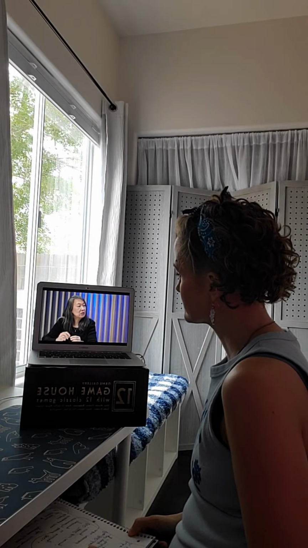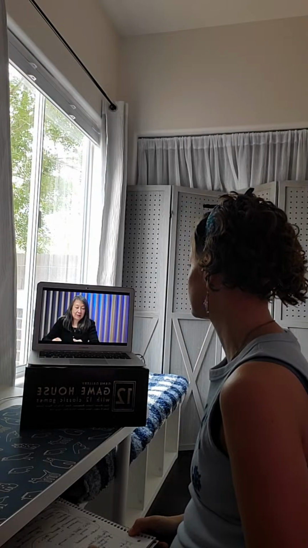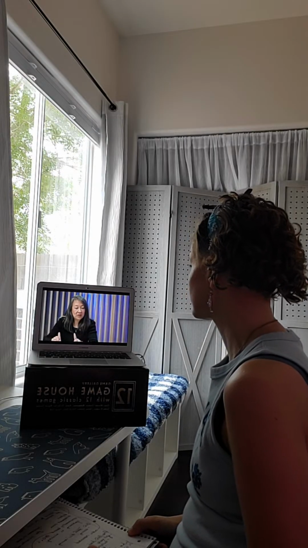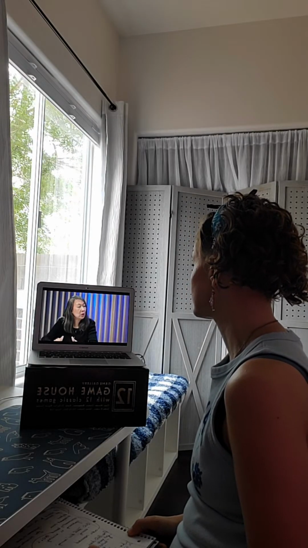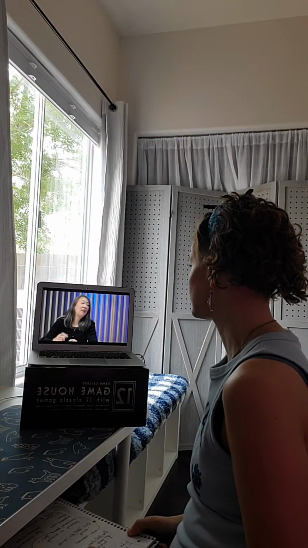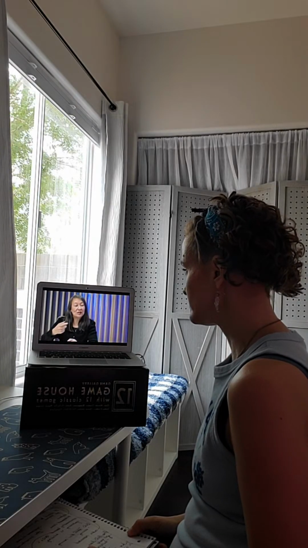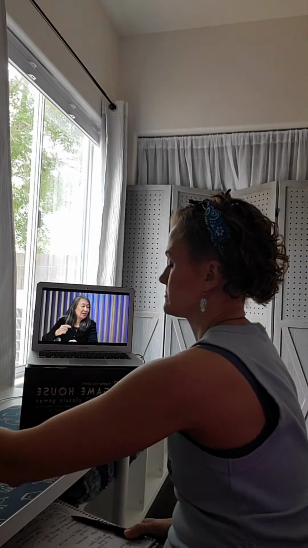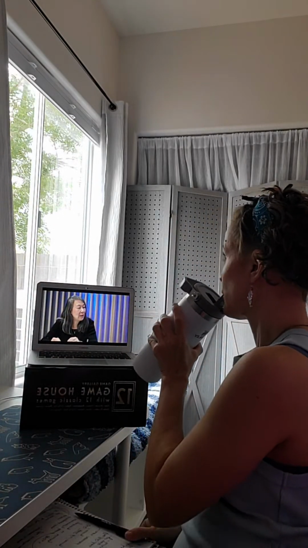Setting the tone and the culture of the board meetings is about being coordinated in advance about what the board chair and the executive director are trying to accomplish in the meeting, and then making sure that the board chair is steering and facilitating the conversation in a way that the discussion that needs to happen is happening.